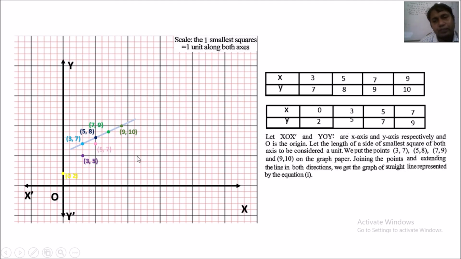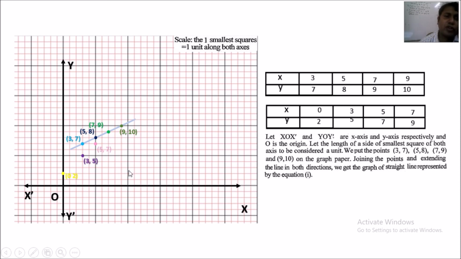Okay, next, the last one, 7, 9. You can see 7, 9: 1, 2, 3, 4, 5, 6, 7. This is our 7. And 9: 1, 2, 3, 4, 5, 6, 7, 8, 9. It is already drawn here, 7, 9. So all the points are plotted on the graph paper.